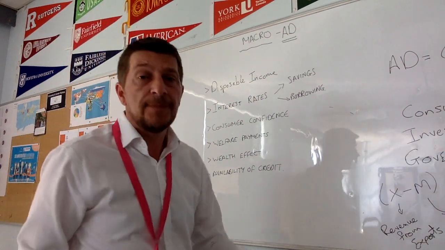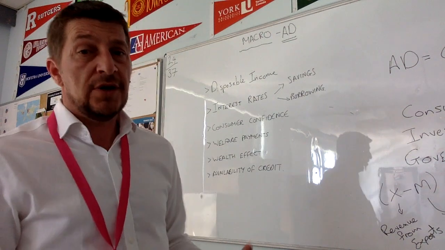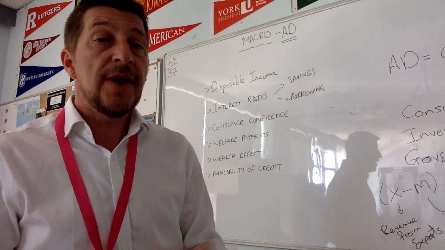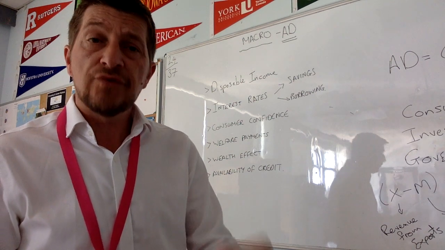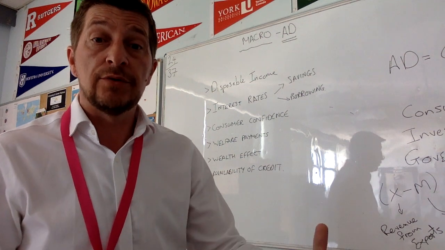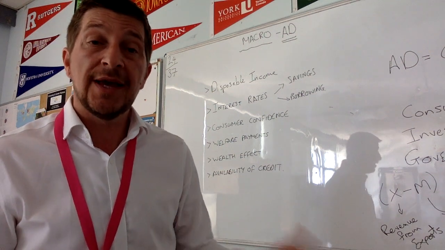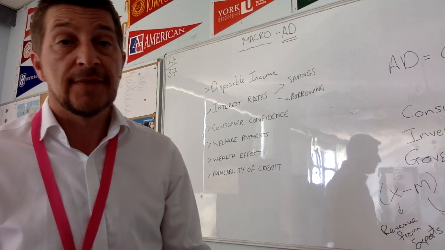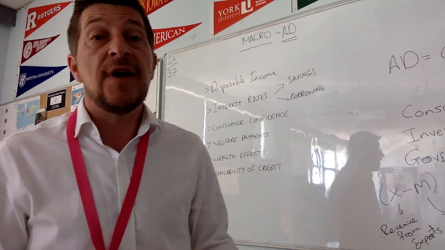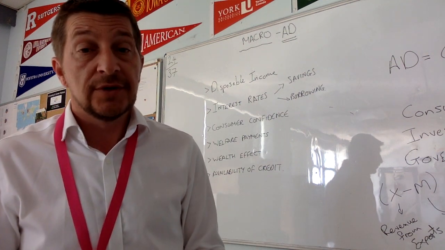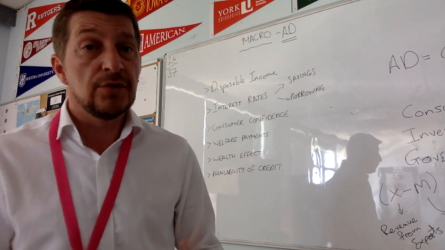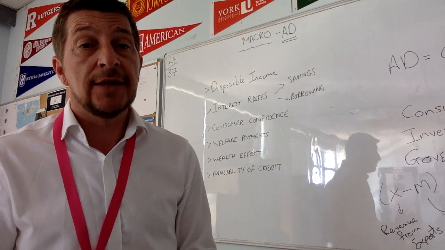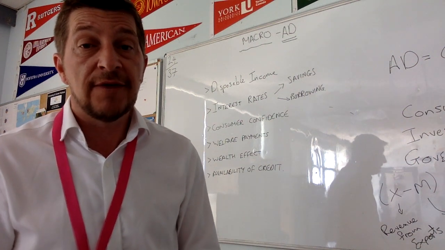Availability of credit. So, if I choose to go out and buy a new car, I may go to a bank, get a personal loan to do so. Depending on how strict that bank is in terms of giving out loans, will have a direct impact on whether I can or cannot afford to pay for that new asset. So in certain countries, credit is available quite freely, but in certain other countries, there are much more restrictions about who can get bank loans, for how much, and whether or not that credit is made freely available.